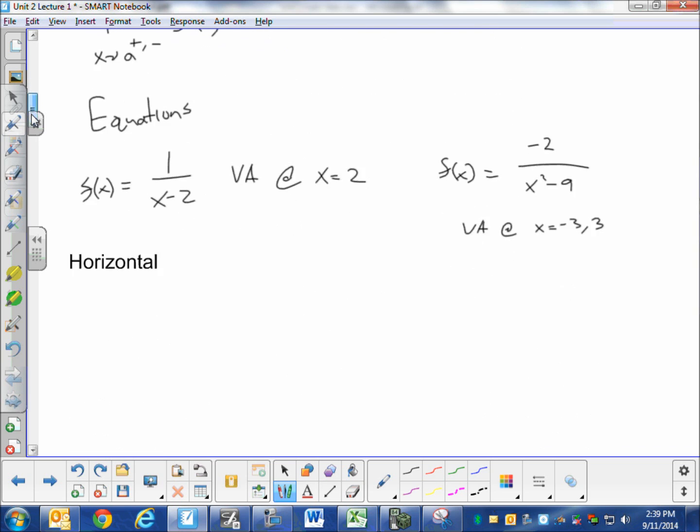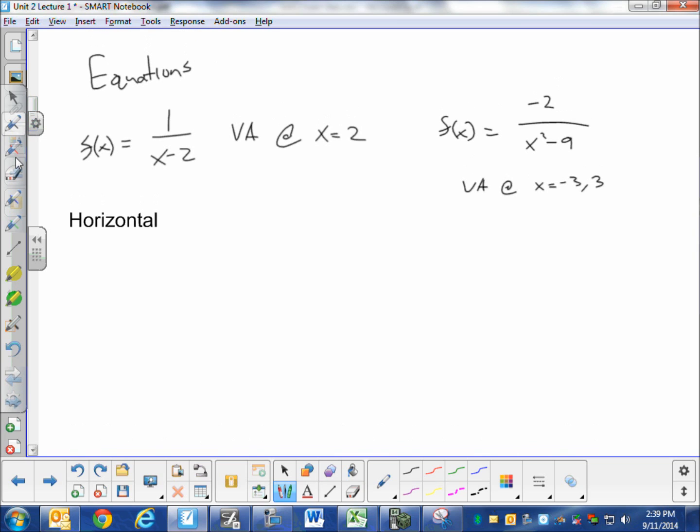Okay. Let's talk about horizontal asymptotes. Horizontal asymptotes occur when we analyze a limit as x approaches infinity, positive or negative.